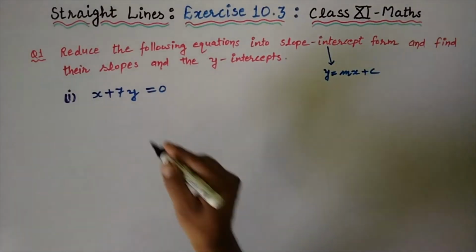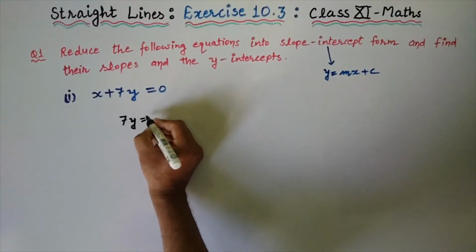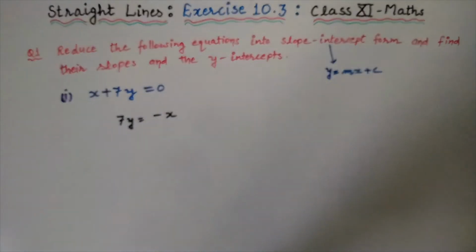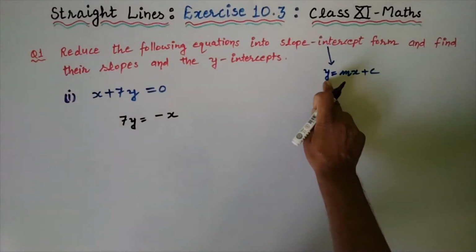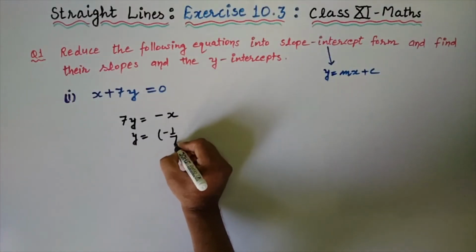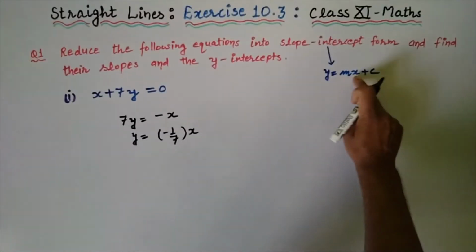So let us proceed. First of all, writing this equation as 7y is equal to, x will go to right hand side, becomes minus x. We need single y. So this becomes y is equal to minus 1 upon 7 into x. Right?